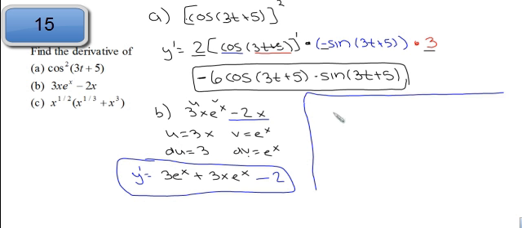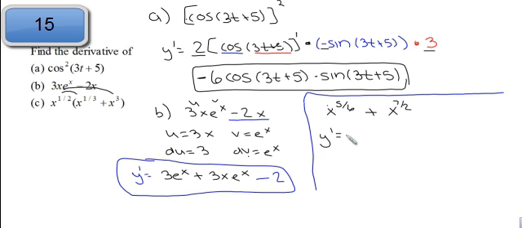And C, what I'm going to do is the easiest thing, instead of using the product rule, I'm just going to distribute. So I'm going to write x to the 1/2 plus 1/3 is 5/6. Remember, you're adding the exponents, plus x to the 1/2 plus 3 is 7/2.